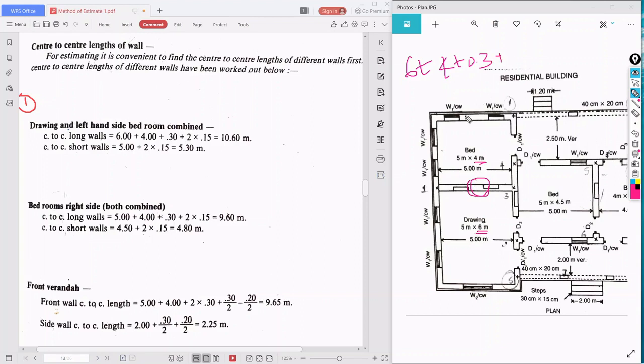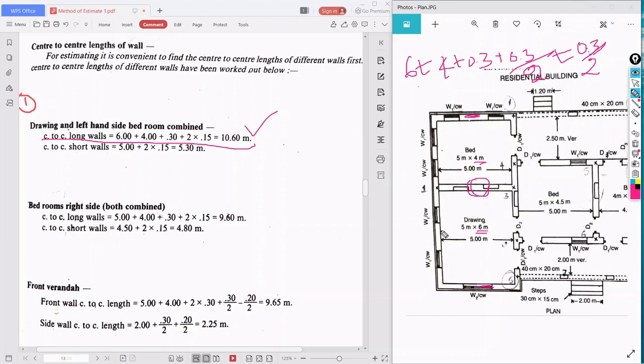Plus I want up to center, so that is 0.3 by 2 plus 0.3 by 2. So 6 plus 4 is 10, 10.3 plus 0.3 by 2 plus 0.3 by 2, which is nothing but 0.3, that is 10.6, the center to center length of the long wall. Clarified?